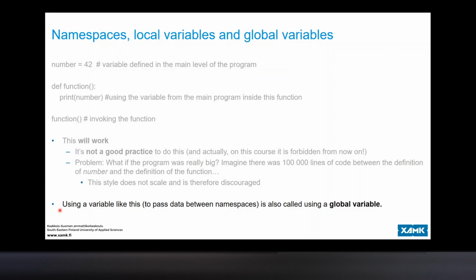Because the scope of this variable is global, we could use it inside a function. When we do that, we say that we are using a global variable. That's what a global variable means. Oftentimes, using a global variable, however, really is a bad idea. And that's why this practice is really discouraged.